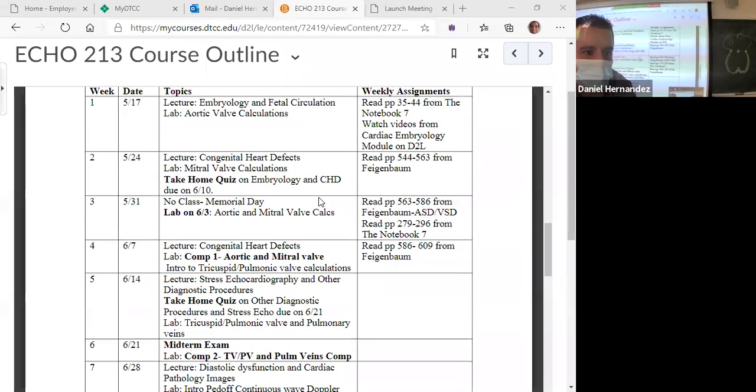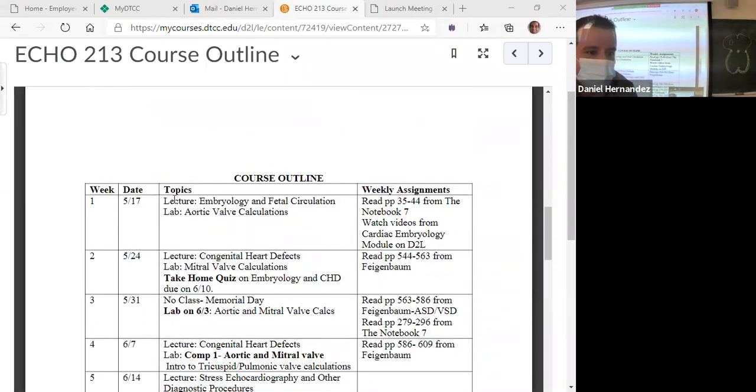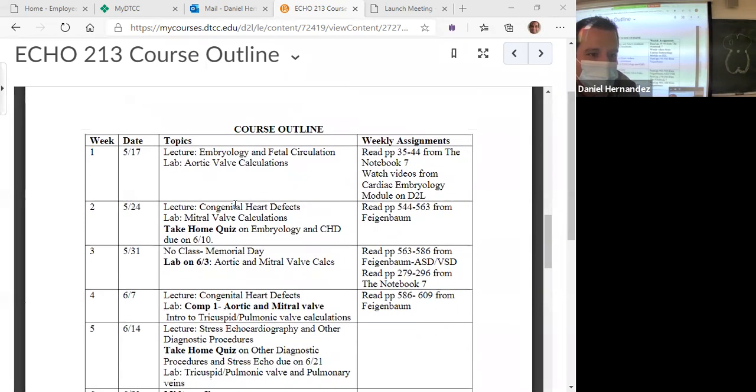In terms of our labs, I was going to start with aortic valve calculations. So, properly measuring LVOT, velocities through the LVOT to calculate aortic valve orifice areas. Equations that we'll use, we'll become familiar with the continuity equation.